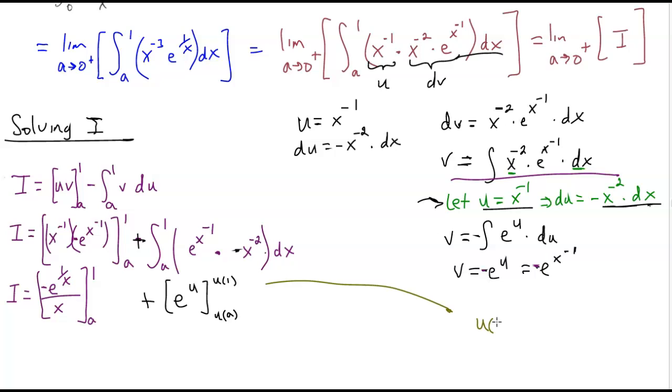So my u of 1 here, of course, remember u is going to be x raised to the negative 1, or 1 over x. So that's just 1, and u of a would just be a raised to the negative 1, or 1 over a. So here I will go ahead and replace this u of a with 1 over a, and u of 1 with 1.